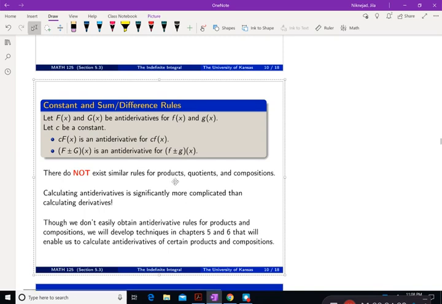But there's no rule. It's just different techniques that help us take care of those types of functions.